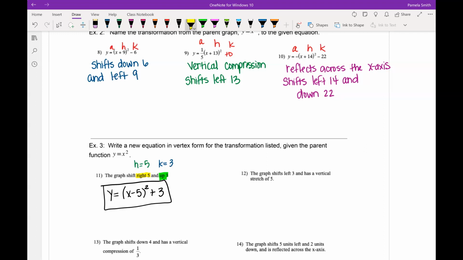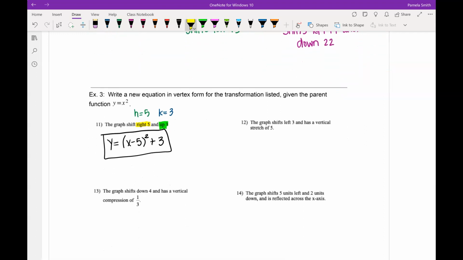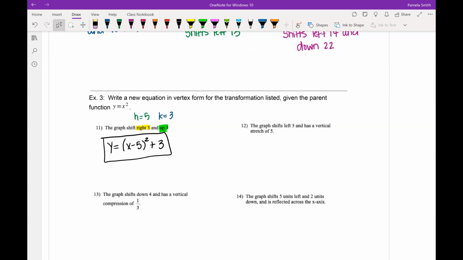Number 12, the graph shifts 3 left and has a vertical stretch of 5. So left 3 tells me that h equals -3.